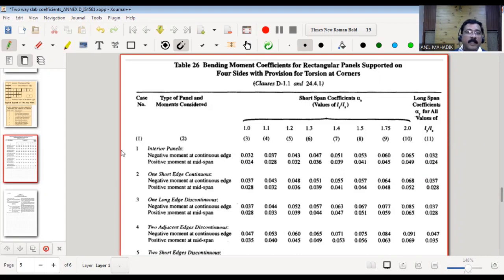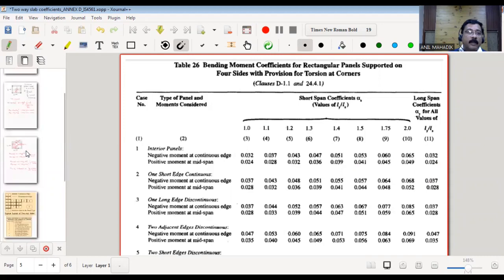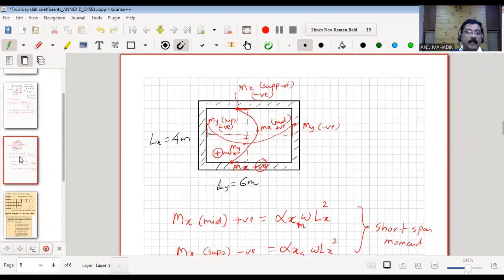And then we will see the different conditions, because there are total 9 cases in this IS code, depending on the boundary condition of the slabs. So for example, for the time being, we will take one simpler example just to understand.